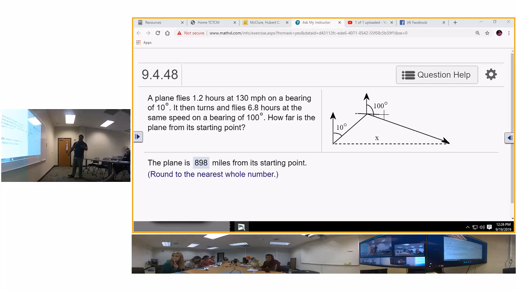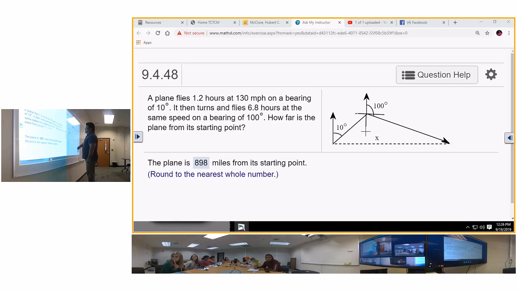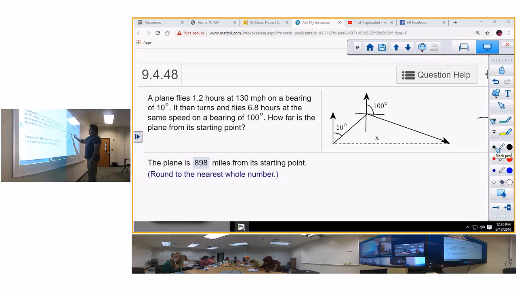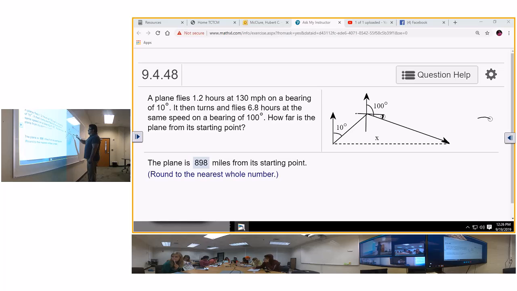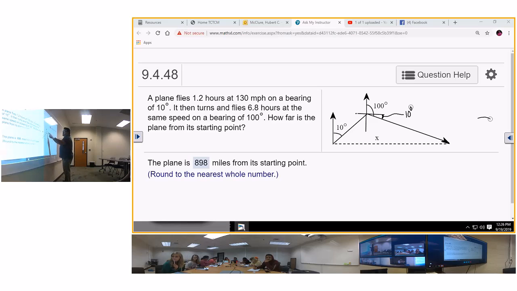A north arrow has an east and a west arrow. If you draw this out like that, everybody agree with that? We know that this angle right here is 10 degrees. How do we know that? We know it two reasons. We know that this is 100, and what's 100 minus 90? 10. So that's 10 degrees.